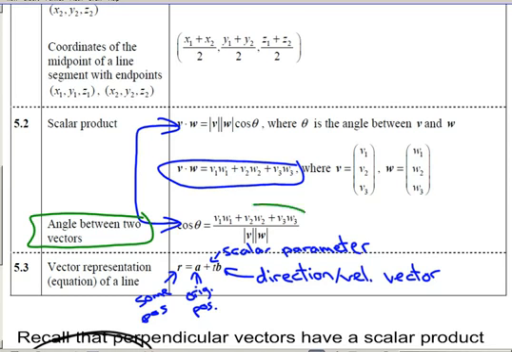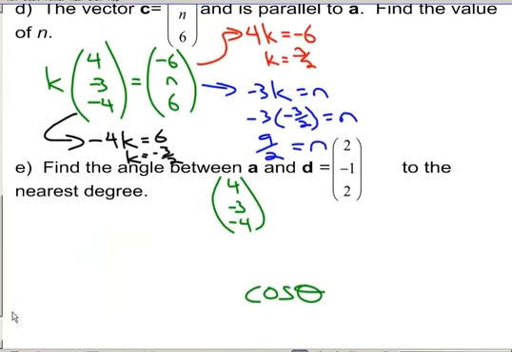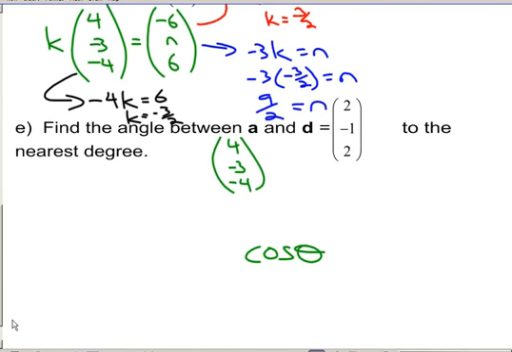Now this means just the dot product of v and w. So for us, we just happen to be using different letters. We're going to have cos theta is the dot product of our 2 vectors over the magnitude of A and the magnitude of D. Which means we've got to find a few things.